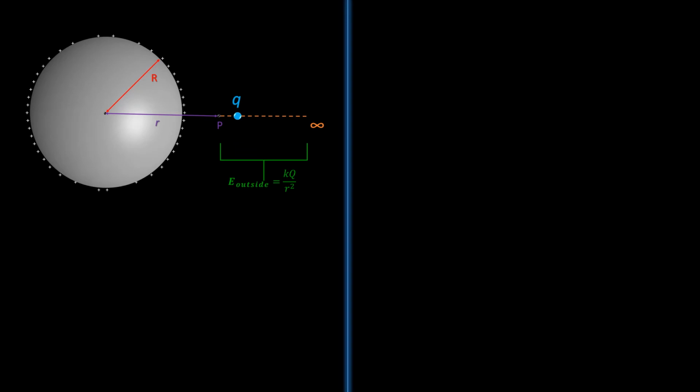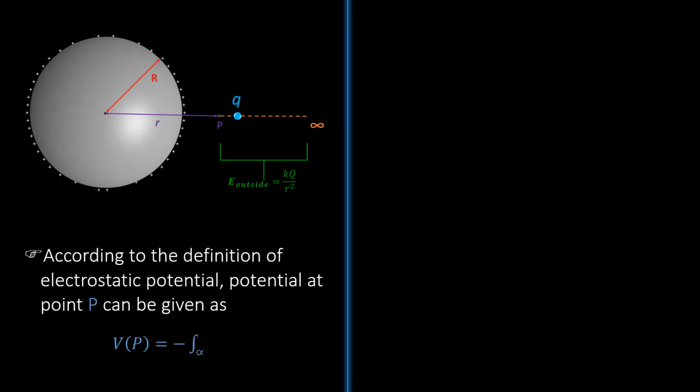So according to the definition of electric potential, V at point P can be given as negative integration of EDR from infinity to P point. And what do we need now? We have everything. See, we know electric field, it is kq by r square, and then we just need to integrate.